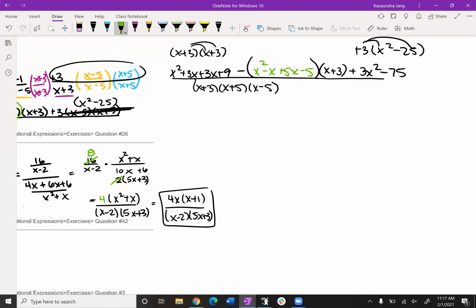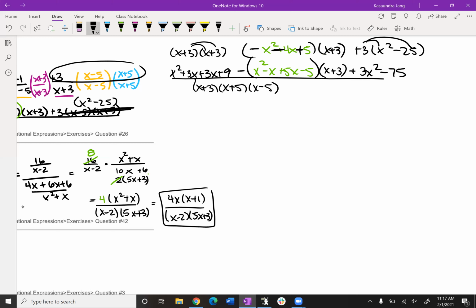I'm going to combine these like terms here into an x squared plus 4x minus 5. And there is this negative that if I distribute onto everything, I'm going to have a negative x squared, a minus 4x and a plus 5. All right, so I currently have all that times this other x plus 3.